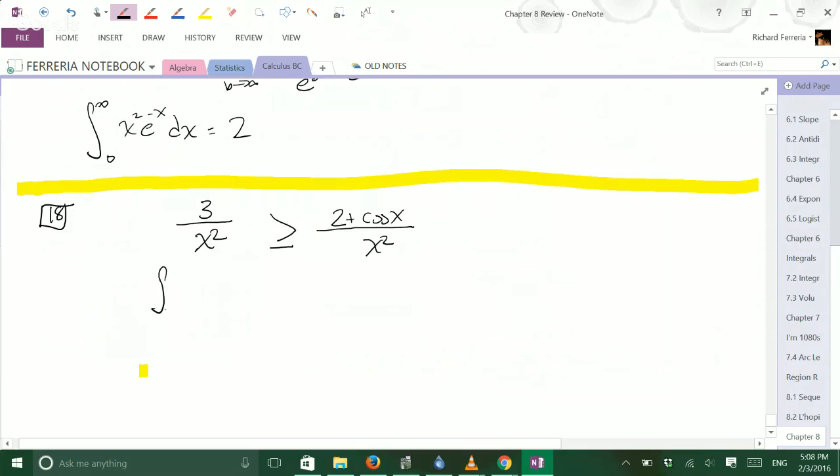So the integral from pi to infinity of 3 over x squared dx should always be bigger than the integral from pi to infinity of 2 plus cosine x over x squared. That should always be true. How did we get 3 again? Cosine, the biggest it could be is 1. Antiderivative here is negative 3 over x.